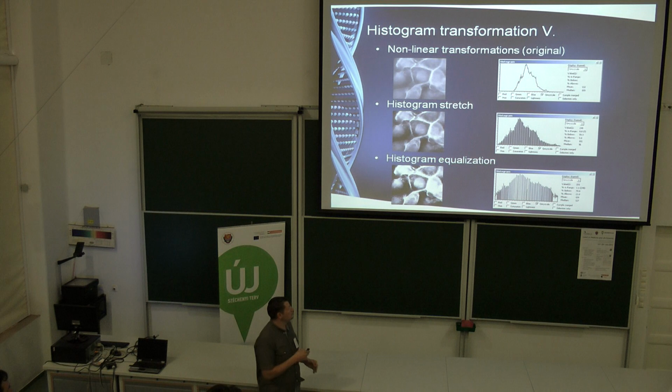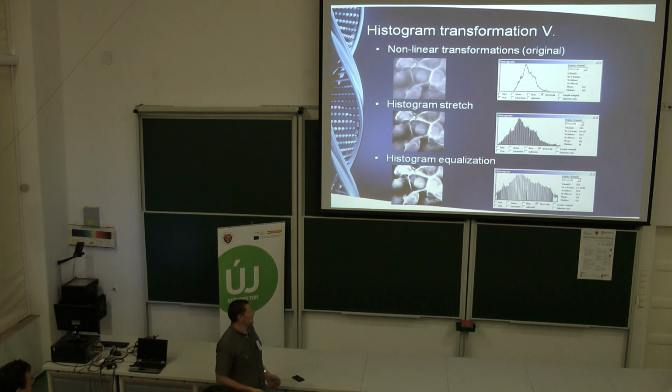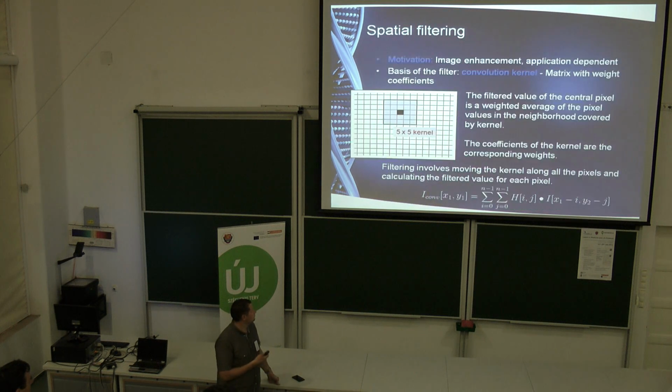So basically intensities which are not present so often in my image, I compress a bit, but those which are really overrepresented, I stretch. And basically what I achieve is a semi-uniformly distributed picture which shows every intensity present in the image with the same visibility. Okay.